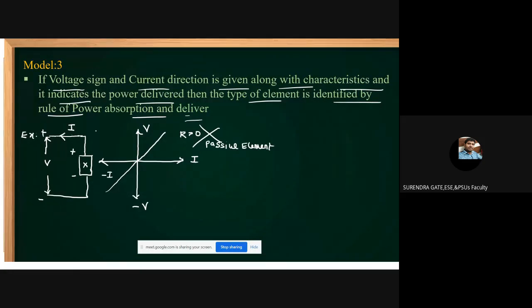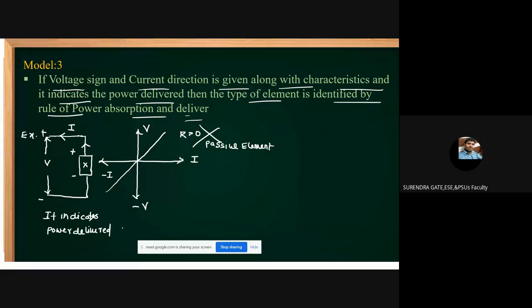Because it indicates power delivered. The current direction is leaving from the positive terminal, so it indicates power delivered.